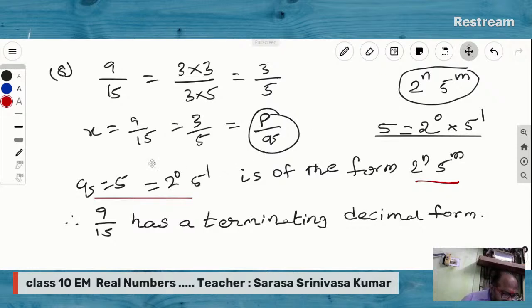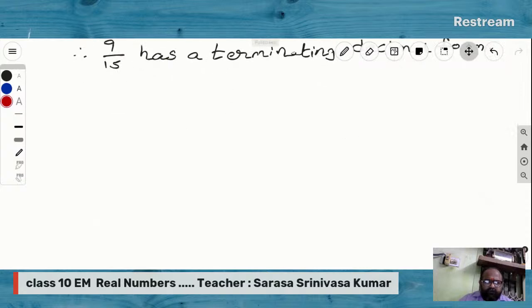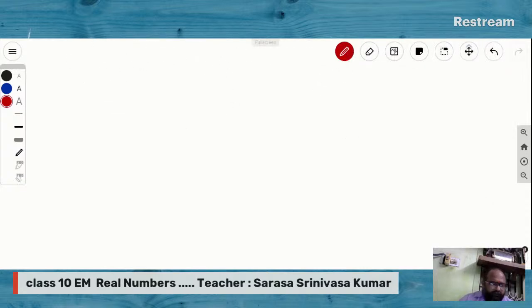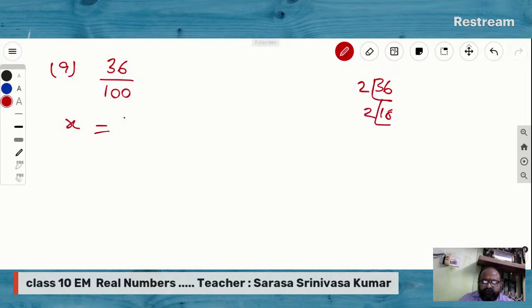Now we have only 2 problems. We will complete these 2 problems today, and tomorrow we will consider the next model. Now, ninth problem, 36 by 100. So x equal to 36 can be written as, we find prime factors, 2 18s, 2 9s, 3 3s.